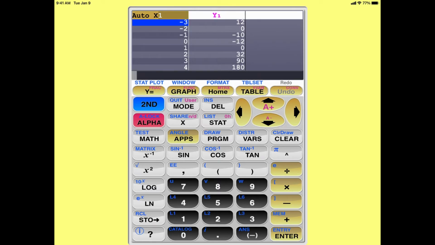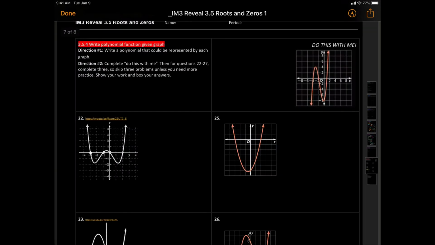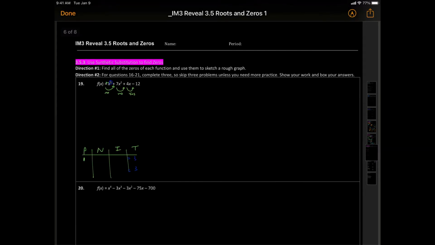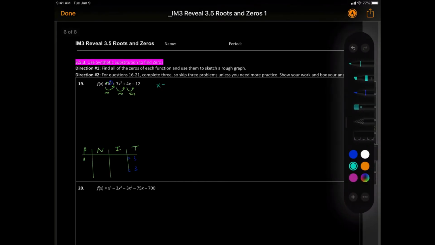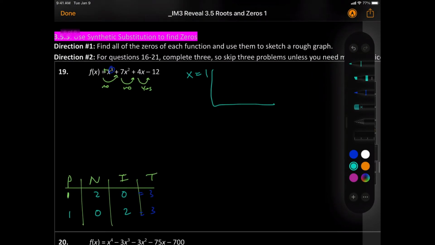Let's do x equals 1. Please don't erase. Oh, I erased. Maybe I have to press save before I do that. Okay, what did we say? There were 2, 0, 1, 0, 2. Okay, so x equals 1, and my coefficients are 1, 7, 4, -12.